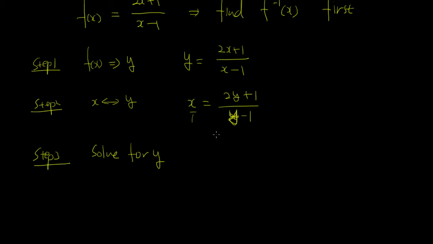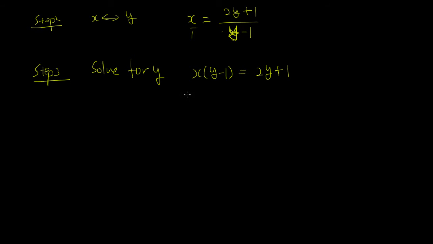Looking at this over 1, we cross multiply. So x times (y - 1) is 2y + 1. Multiply these two, so we are simplifying this: xy - x equals 2y + 1.